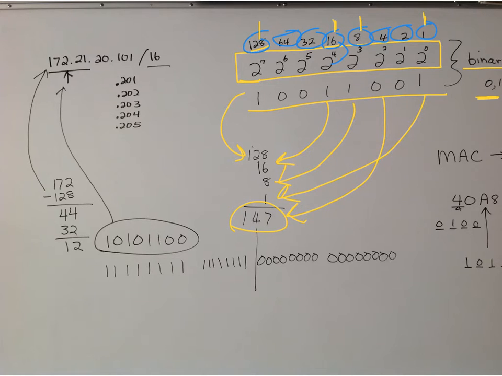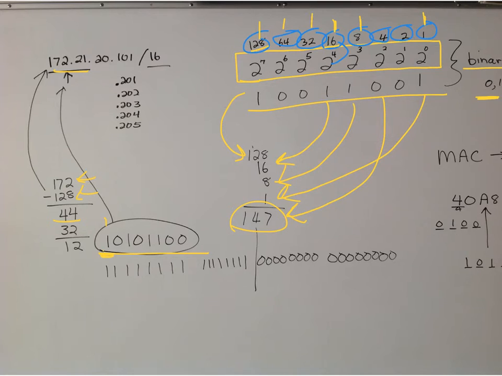Yep. Now if you want to go the other way, you want to convert 172 back to binary like we did here in class. We took 172 and we took one group of 128, so that was this one. Then we subtracted that, and now we have 44 left. You can't take a 64, right?